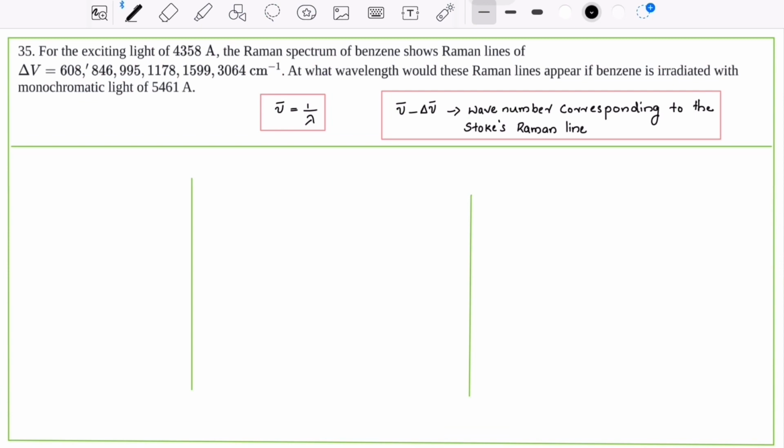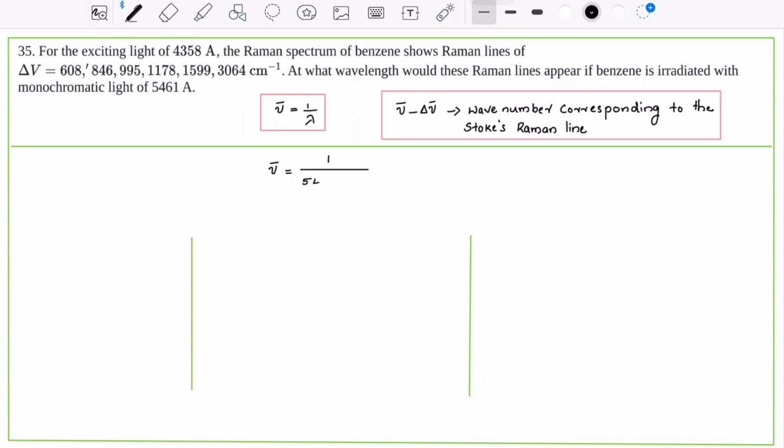At what wavelength would these Raman lines appear if benzene is irradiated with a monochromatic light of 5461 angstrom? In the present problem, Raman shift is given. For the exciting light of 4358 angstrom, we have to find out the position of the Raman line, the wavelength corresponding to the new position of the Raman line if we change the exciting light to 5461 angstrom.